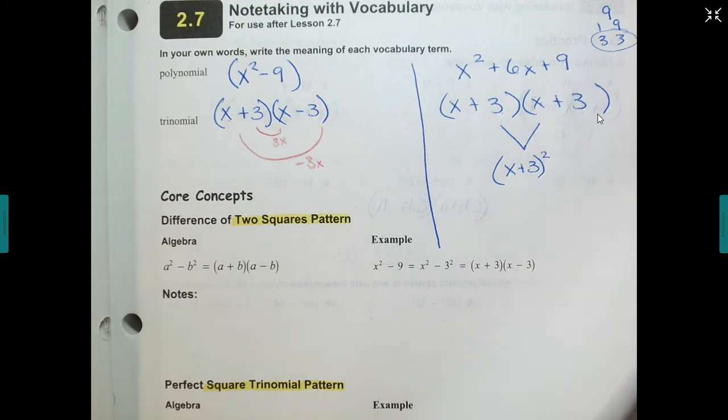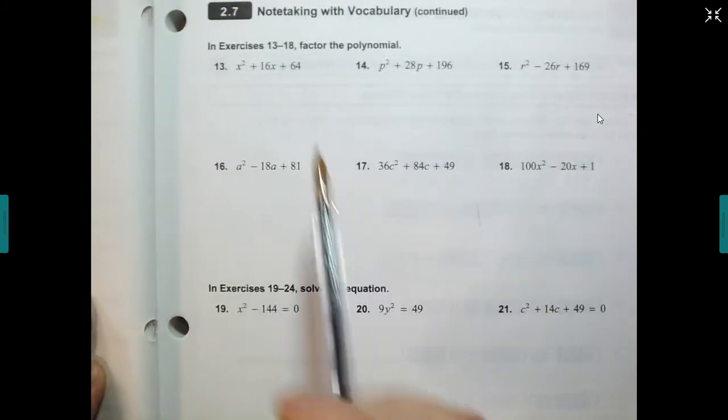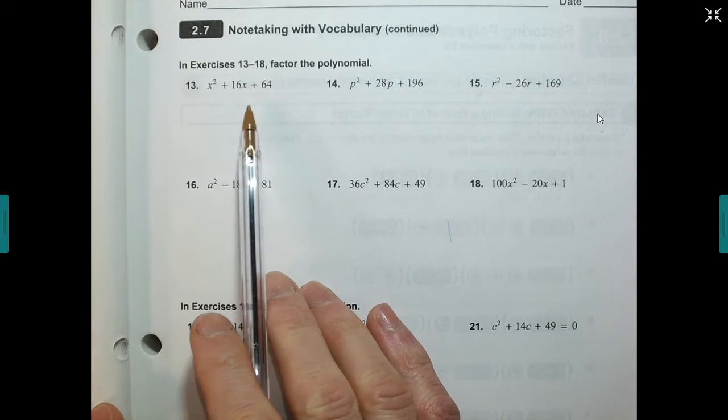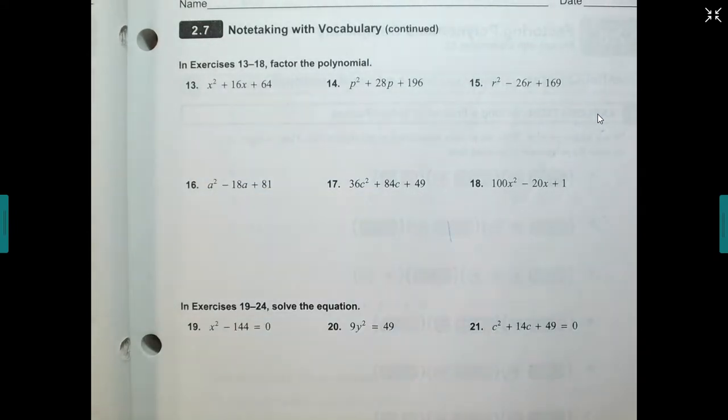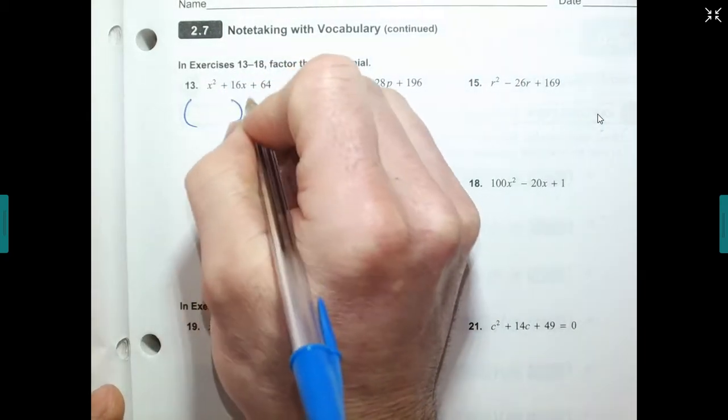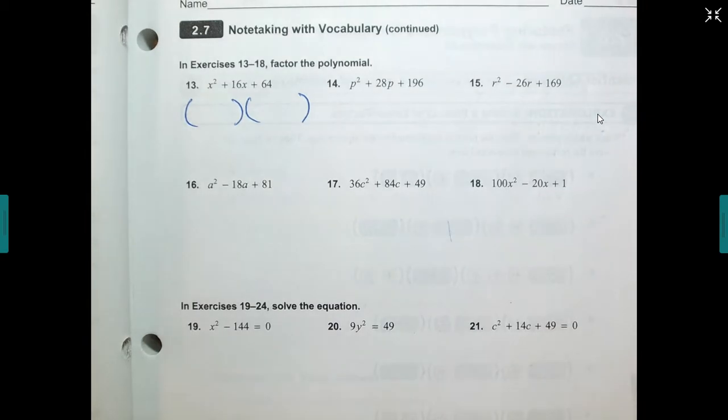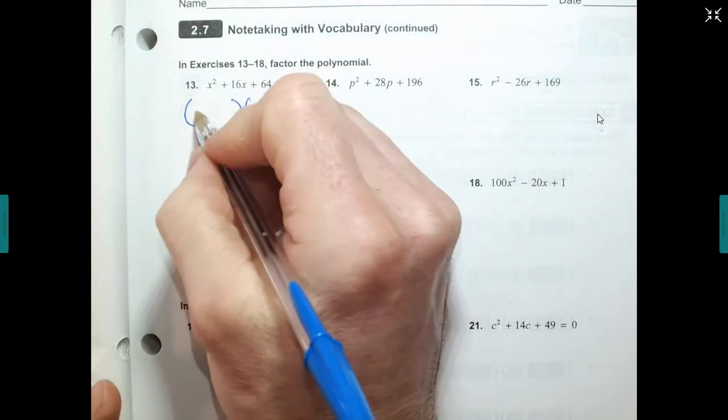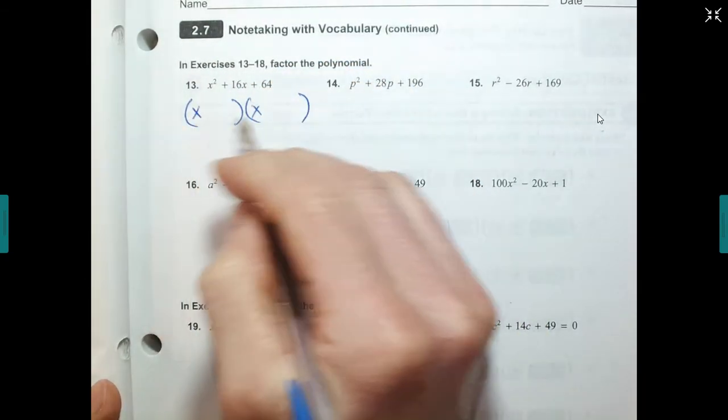So let's look at this. So here we have our factors. Just for the record, you know that all of these are going to be perfect squares because we just did it. A perfect square trinomial. So this is x and x.